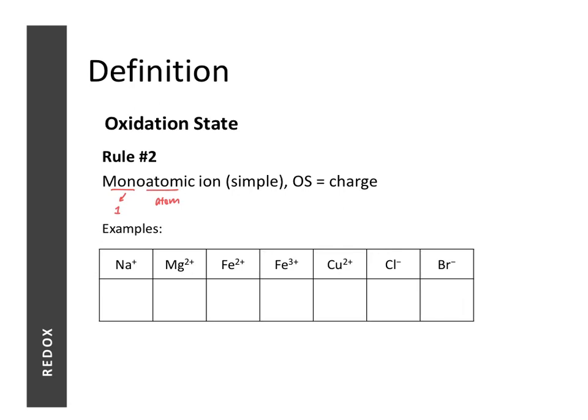So the oxidation state given to Na+ is actually +1, Mg2+ is +2, Fe2+ is +2, Fe3+ is +3, and so on. For the chloride ion, it has a charge of minus, so the oxidation state is -1, and bromide is -1 as well.